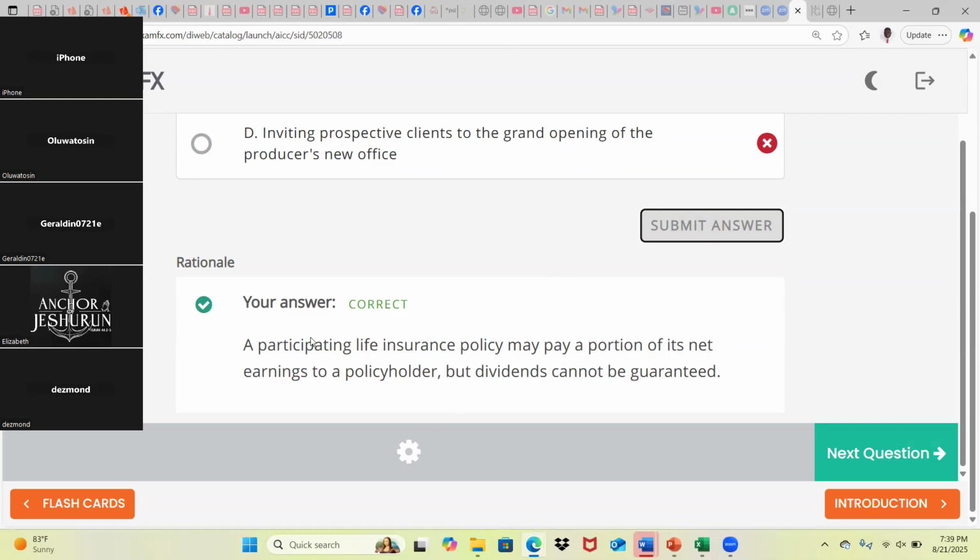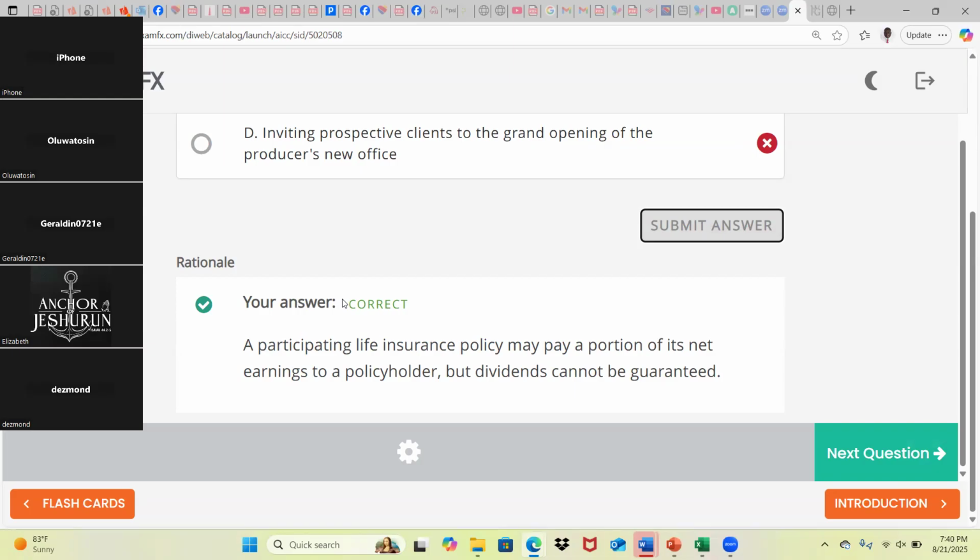Again, on this issue of dividends, remember, companies that pay dividends are called participating life insurance companies. You might also see them referred to as mutual insurers. The dividends they pay to policyholders are an excess of premiums and revenues over expenses.